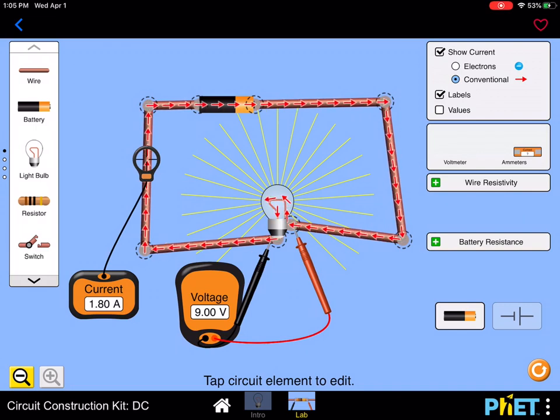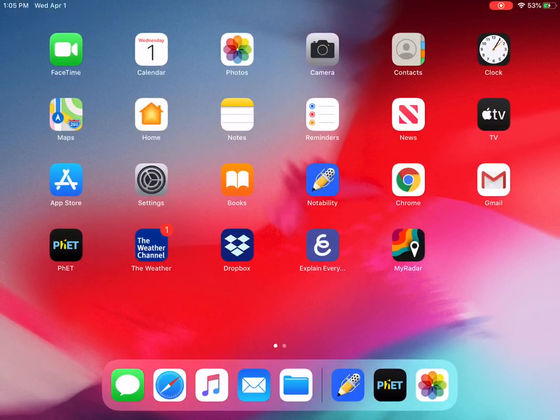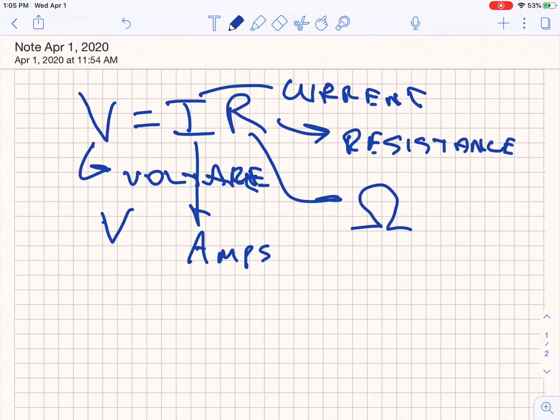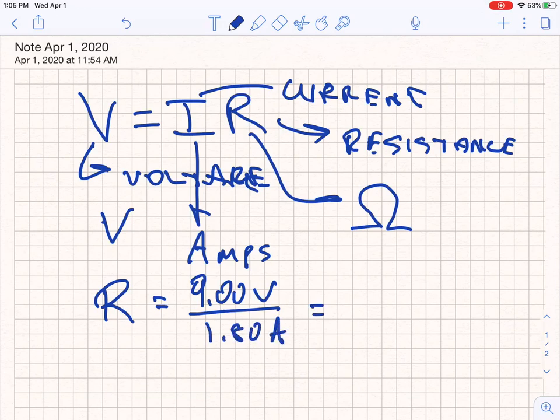So we got 9 volts and 1.5 amps. So if we go back to the calculations, and we want to calculate that resistance, we take that voltage of 9 volts, we divide that by 1.5 amps, we get 5 ohms, okay?